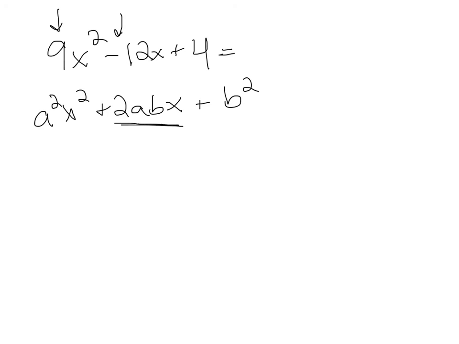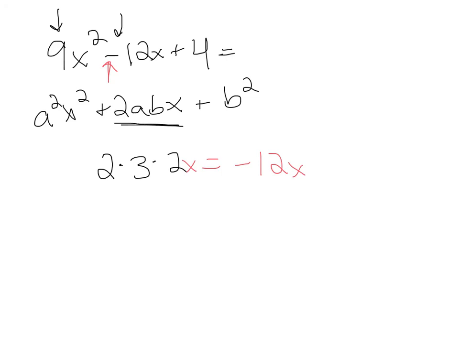If this works, then a will equal 3, b will equal 2, and I need to multiply that times 2. The only problem is I have this negative sign here. So that means that in order for this to equal negative 12x, I need an x here, then one of these needs to be negative.